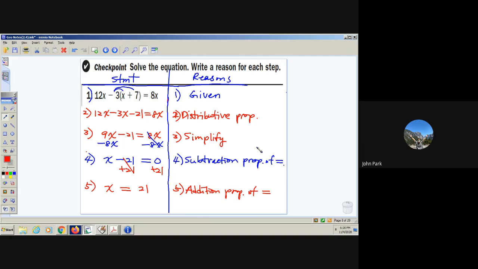So this is how we set up or we do the two-column proof in geometry. And you're going to be doing a lot of these, of course, in geometry and using geometry properties and postulates and definitions and theorems. But this is a good introduction to how you do the two-column proof. So again, the left side is the statement in logical order, step by step.